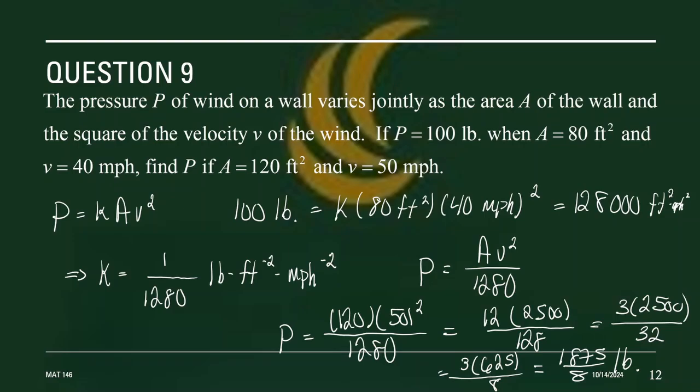Just pounds, because pressure is measured in pounds. Oh, look, I didn't need a calculator after all. If I wanted to write that as a decimal, I would need a calculator because I don't know what that is. I'm just going to leave it like that. Ah, yes, this one. Okay.